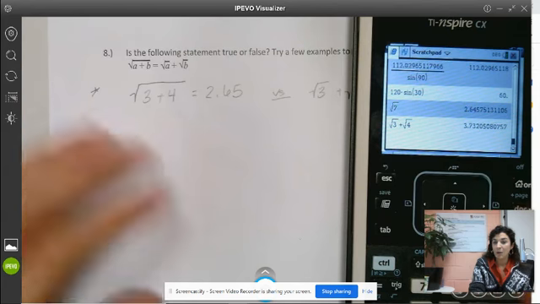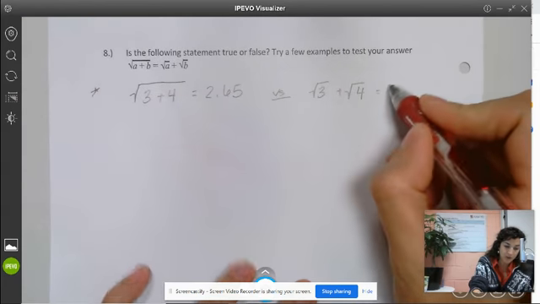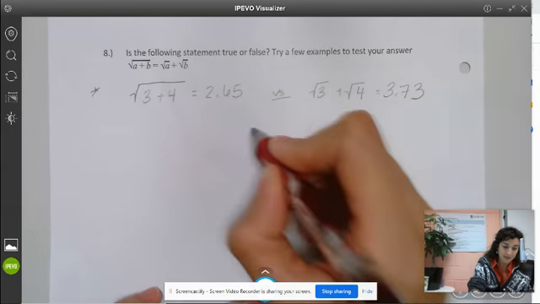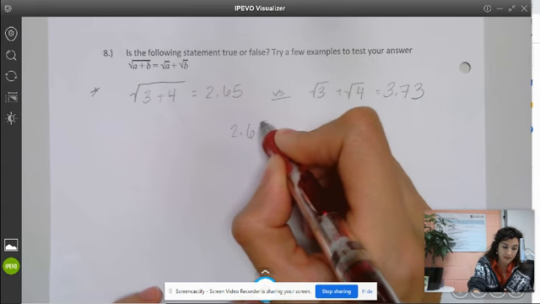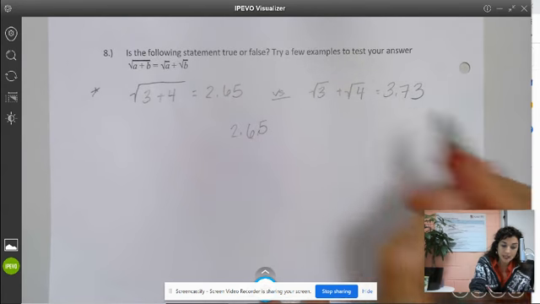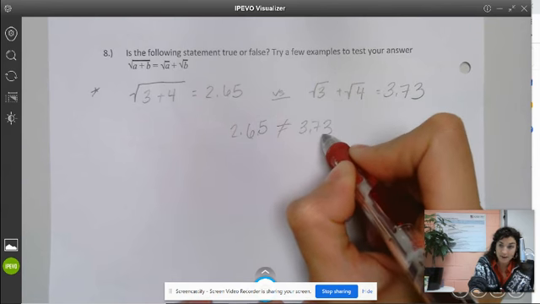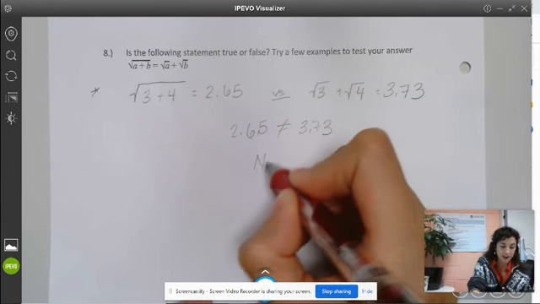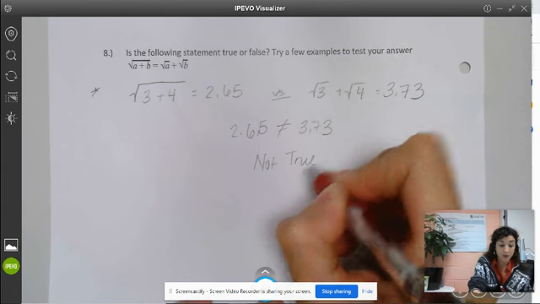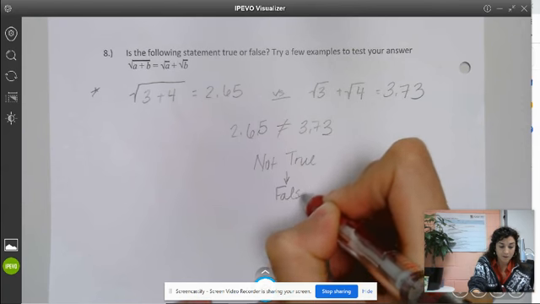We see that that rounds to 3.73, which are not the same. Since 2.65 does not equal 3.73, we know that this is not true. In other words, what we call false.